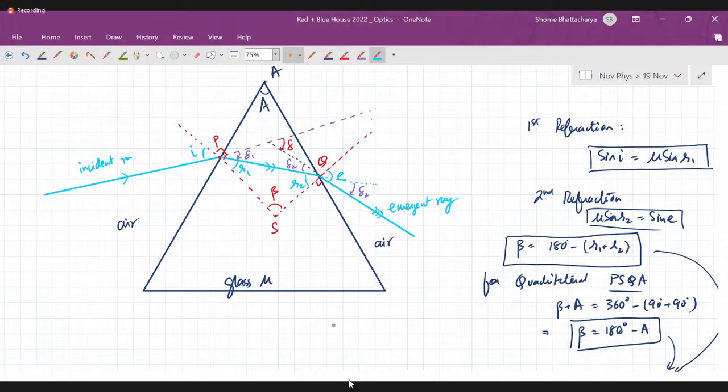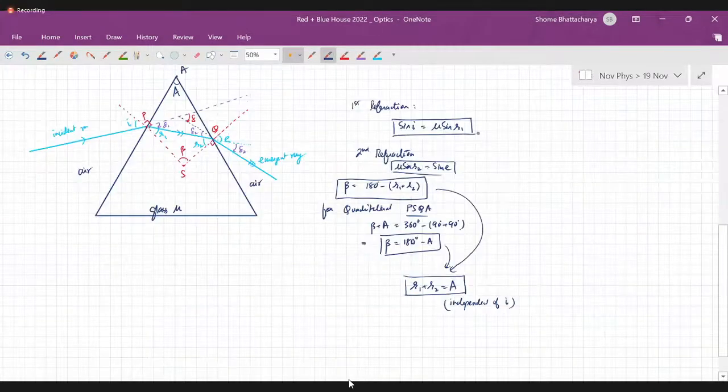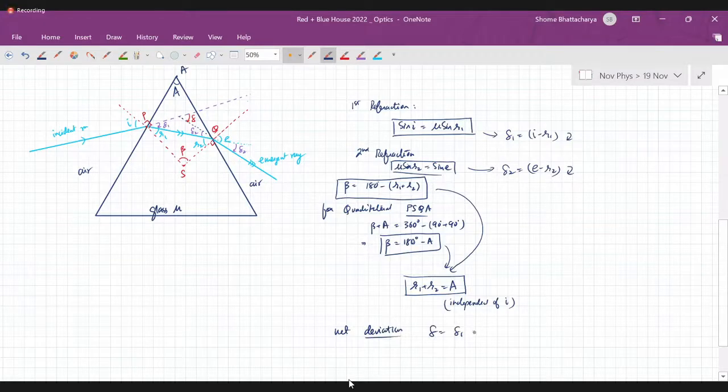So now you can see that this refraction is giving us a deviation, which you can see in that diagram is I minus R1. And this refraction, which you can see in this diagram, is giving us a deviation E minus R2. It's also clockwise. Okay. So that is why the net deviation is delta 1 plus delta 2.